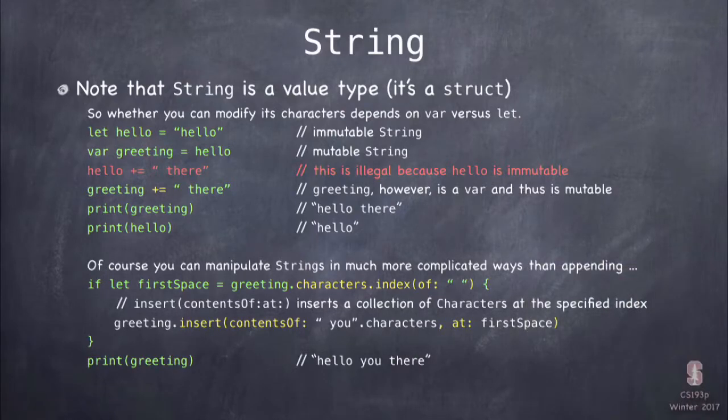I don't have time to talk about all of it. This is where you really do need to read your reading assignment carefully. But for example, if I want to insert the word you into hello there, so it says hello you there, I would just find the first space by doing characters index of space, which I showed you on the previous slide. Then there's a method in string called insert the contents of this collection of characters at this location, this String.Index.